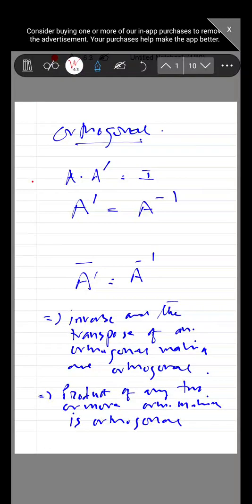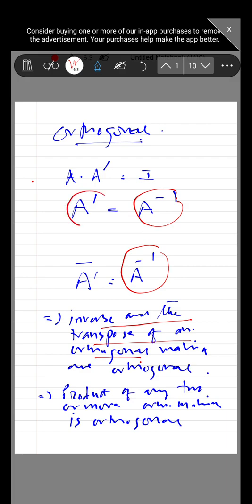It says that the inverse and the transpose of an orthogonal matrix: if we consider A to be an orthogonal matrix and we take the inverse, or we take the transpose, they have to be orthogonal. And the product of two or more orthogonal matrices, that is, if A and B are two orthogonal matrices and you take the product, we will get an orthogonal matrix.